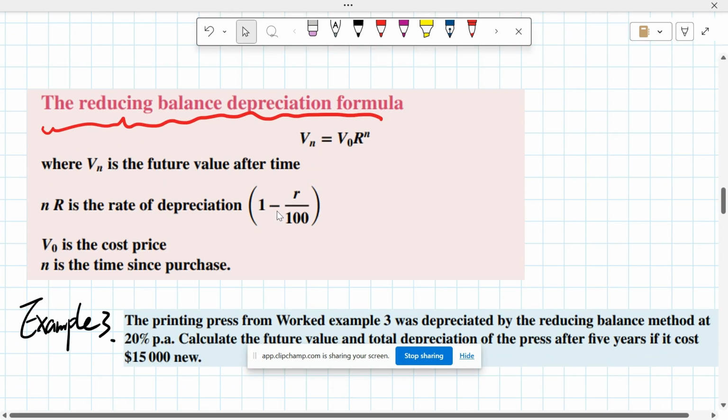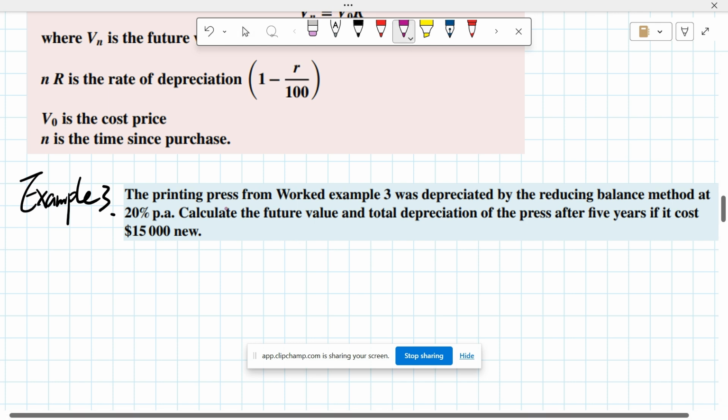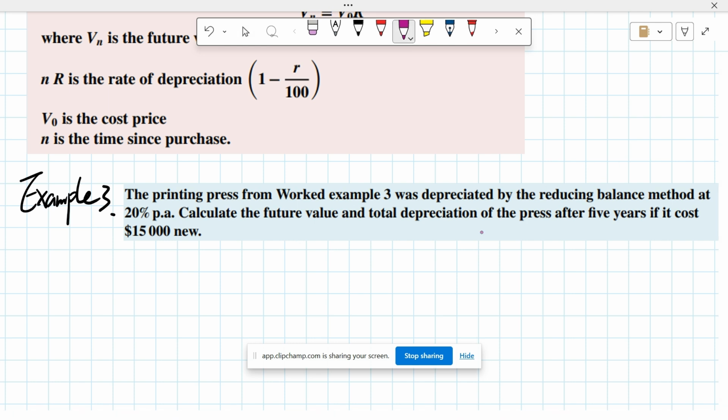And now what we do is use the reducing balance to find out our cost price and time since purchase. Let's have a look at these three. The purchase price, in the worked example we have, is $15,000, and after 5 years we find the cost.